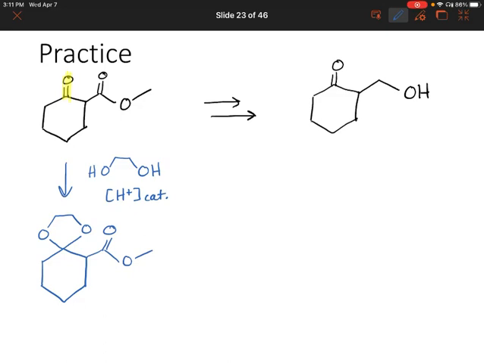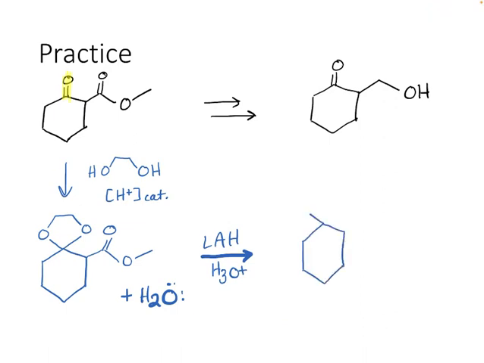And then later we can remove that blocking group. So water, again, is one of our byproducts. So now we can add that lithium aluminum hydride with some acid there, and that will just react with the ester and not the ketone, and it will turn it into a primary alcohol.